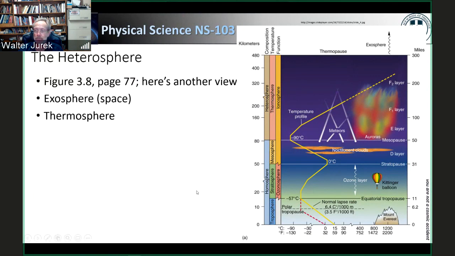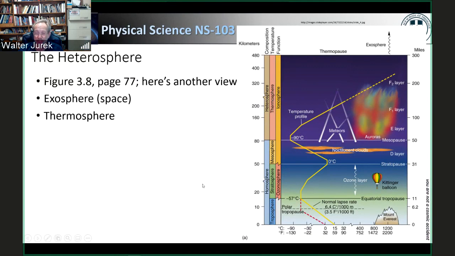Look at what the temperature does. It just gets colder and colder and colder. All right, I'm sorry. No, it warms up, warms up, warms up. Sorry. Yeah, up and to the right, temperature's going up. Hence the name thermosphere.